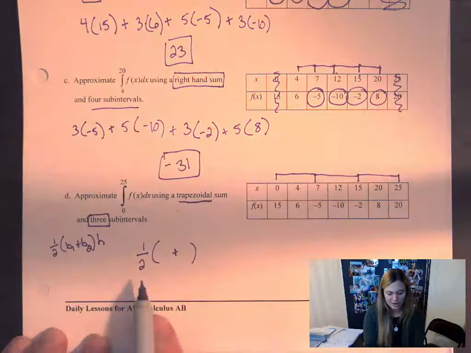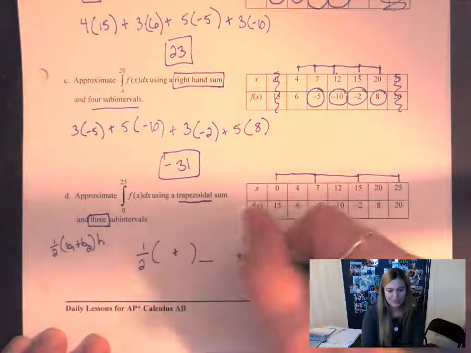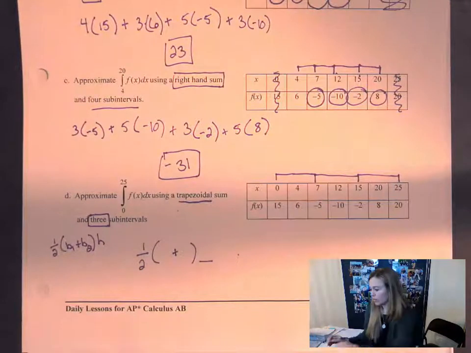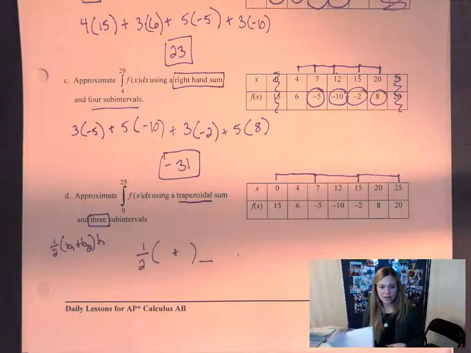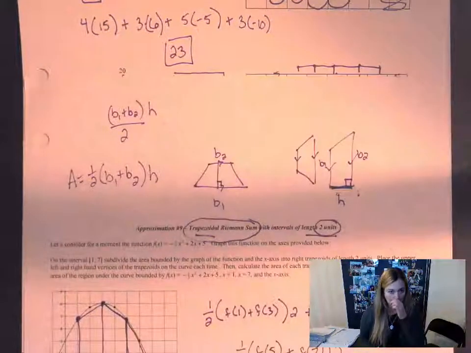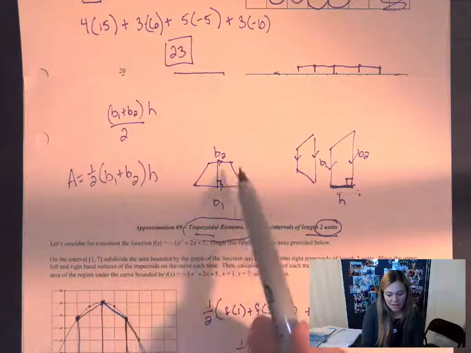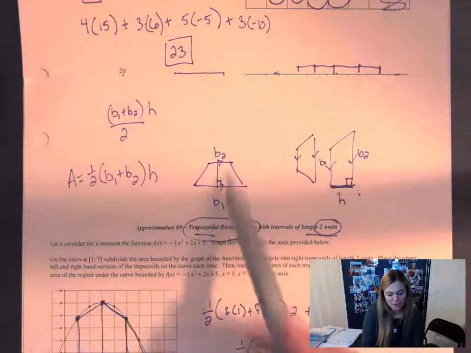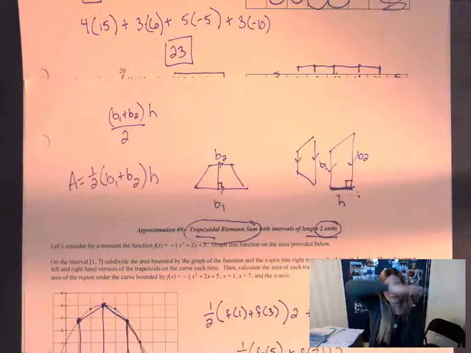And I know I have 1/2 base 1 plus base 2 times whatever the height is, and then do the same thing for the next 2. Well, if we go back to, I think it was 167, but let me make sure. Oh, it was 166. On the top of 166, I drew this, where I have the area formula, and I said traditionally we think about base 1 and base 2 being the x values, or the base, and that's where they're parallel.